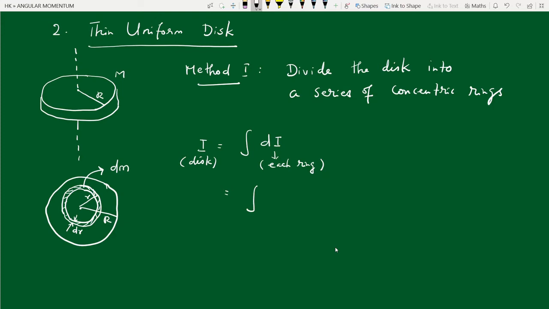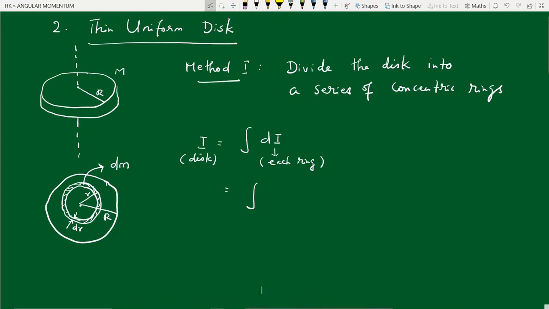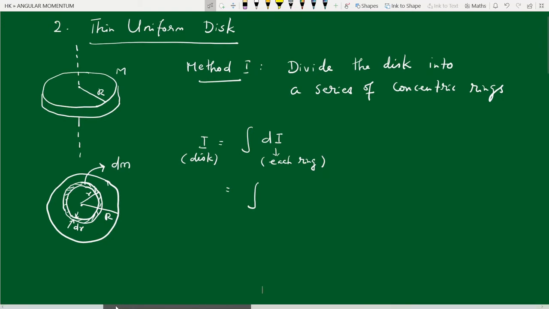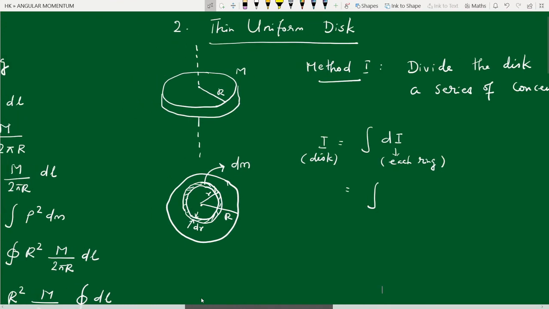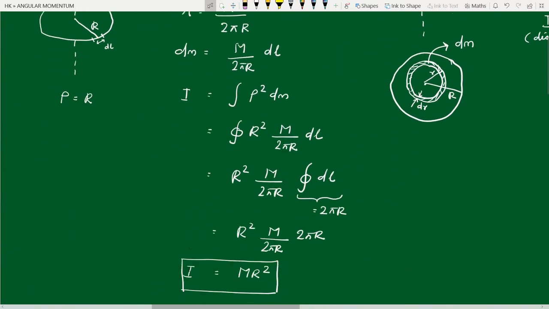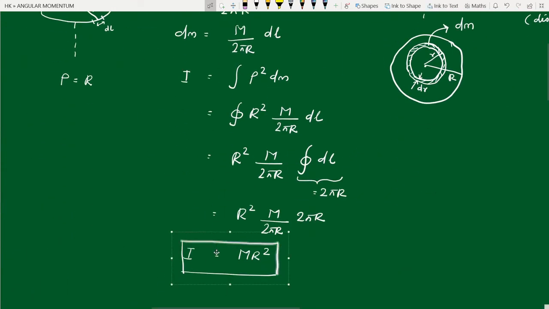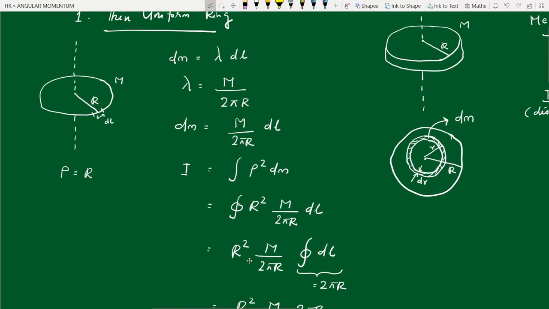What is the moment of inertia? From the earlier calculation, what was the earlier result? Yes, this one: the moment of inertia of a ring about the perpendicular axis is MR square. This was the figure, MR square.